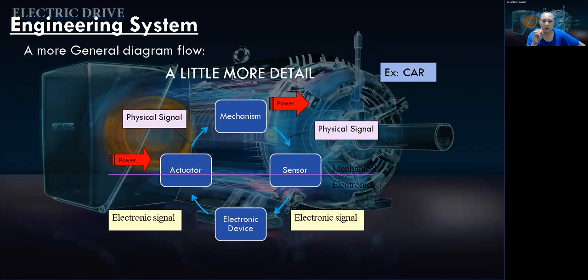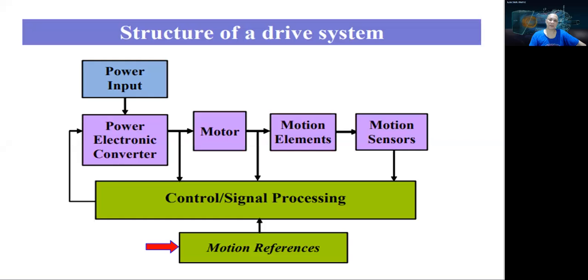But in this case, we are focusing on the electrical drive, which is the electric motors or electric machines. Of course, we're not just talking about motors, we're also talking about generators. That's why it is electric machines. So this is the structure of a drive system as an introduction.